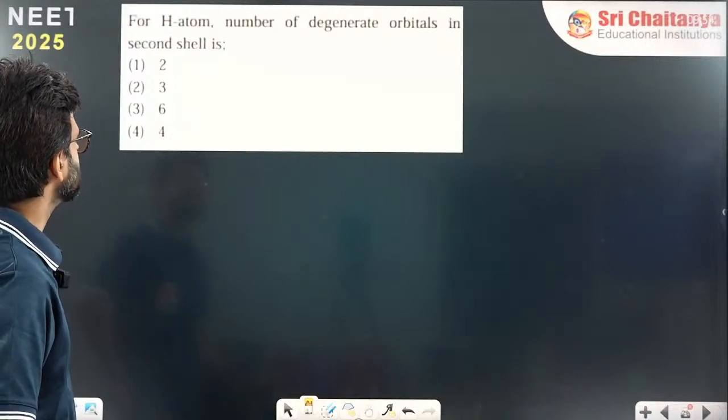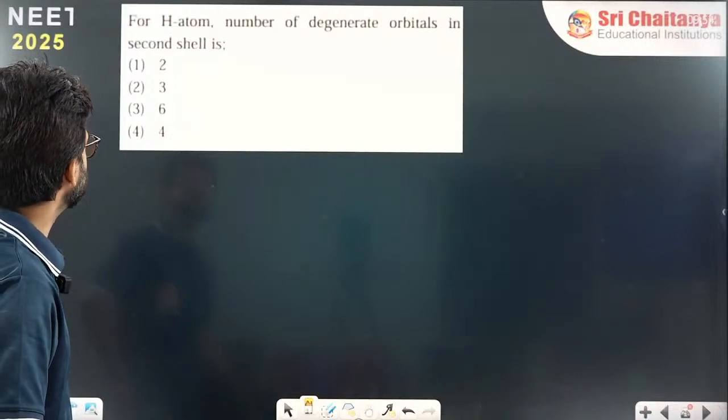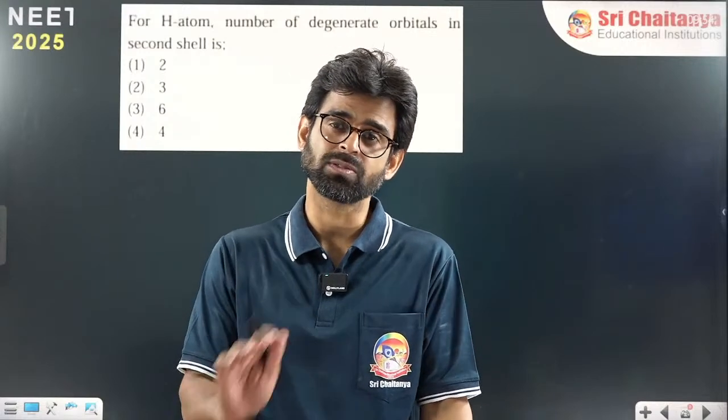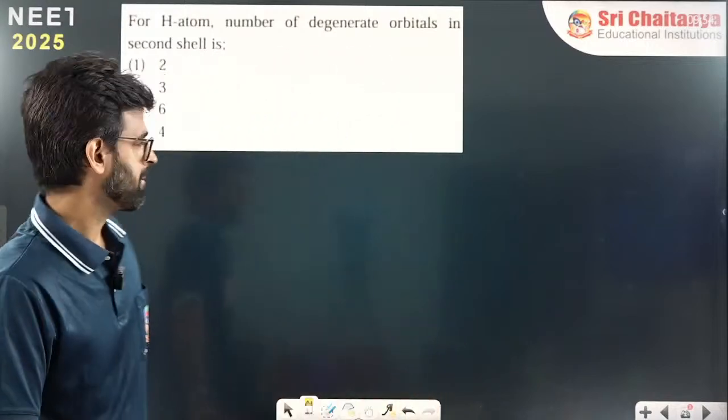The H atom, number of degenerate orbitals in the second shell. Hydrogen atom, if you see carefully, is a one electron system. In hydrogen atom, energy depends only on the shell number. It does not depend on the l number, right? It does depend on the n value, right?